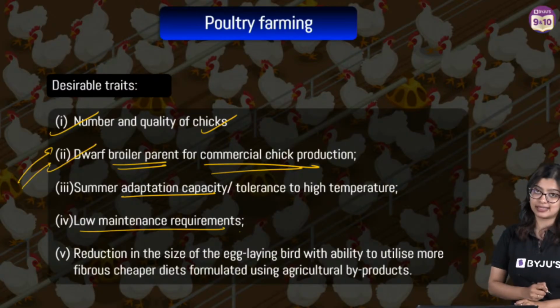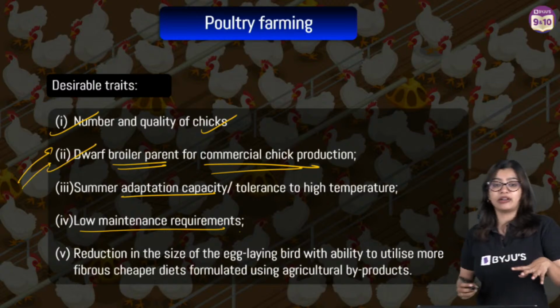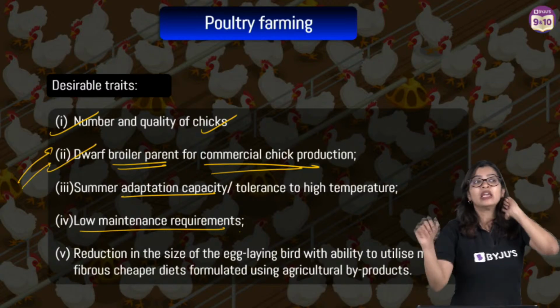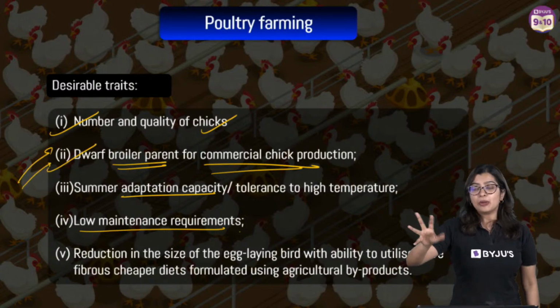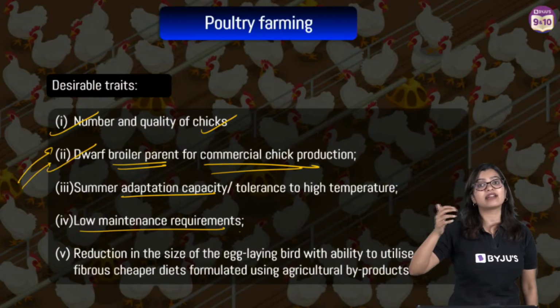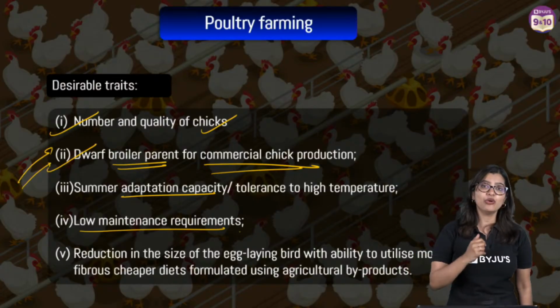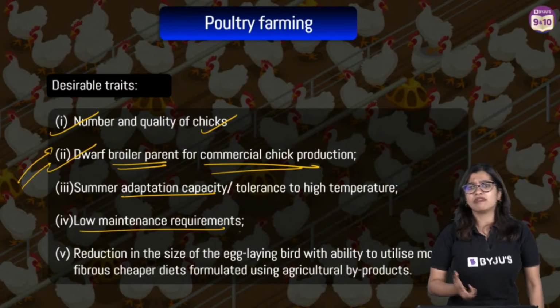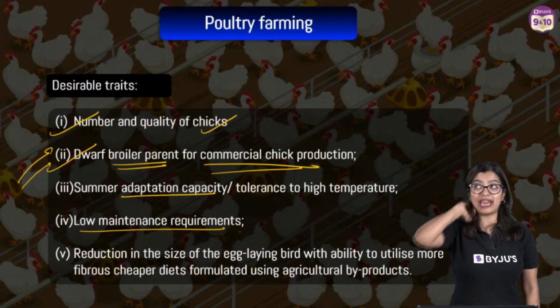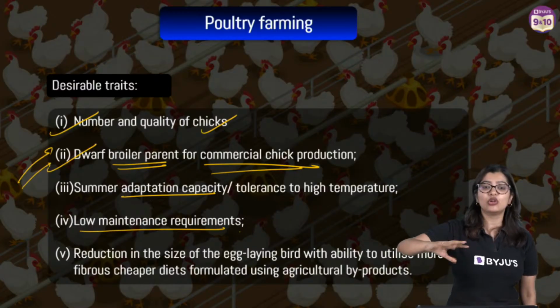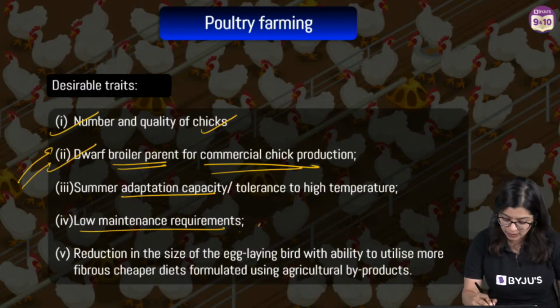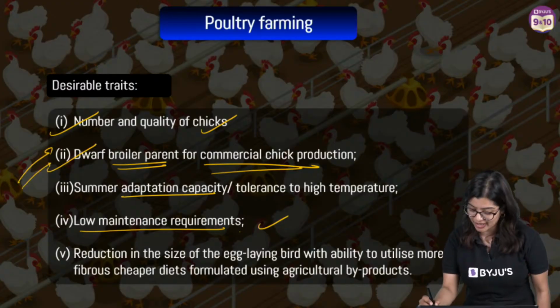And low maintenance requirement. Normally with poultry, what is observed is that it is a very high maintenance thing because these poultry birds can fall sick very easily. So if you're able to get a hybrid variety which does not require so much maintenance, but is able to survive with low maintenance also, that will also be preferable, right?